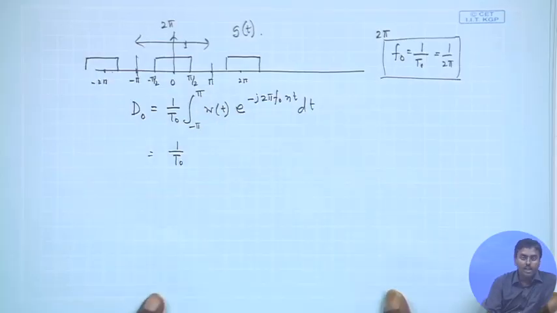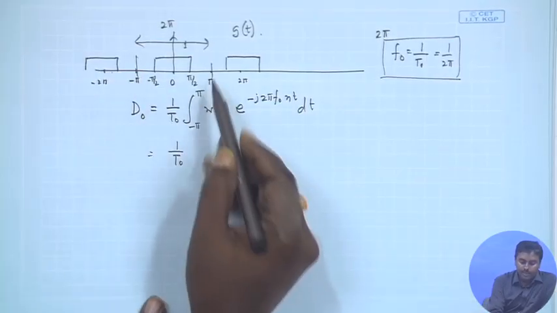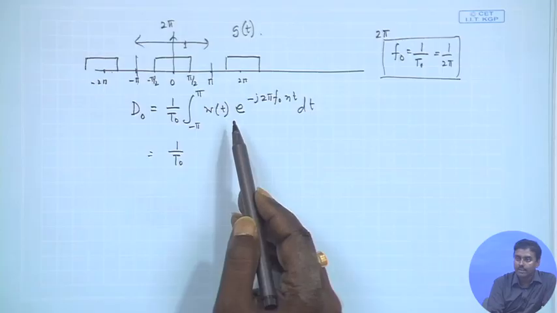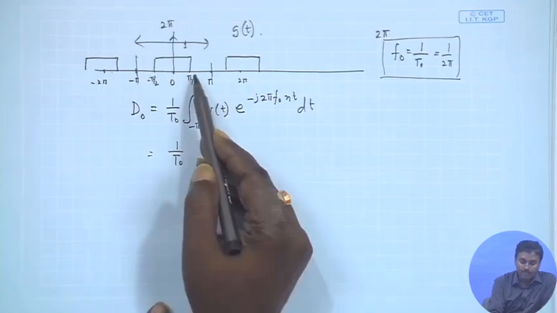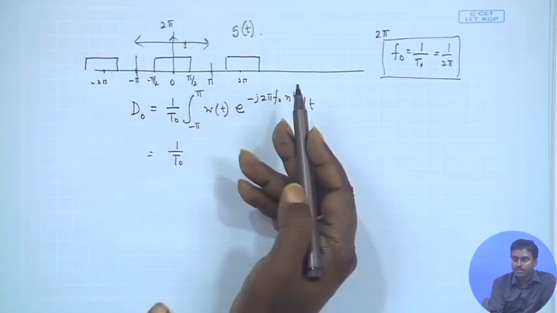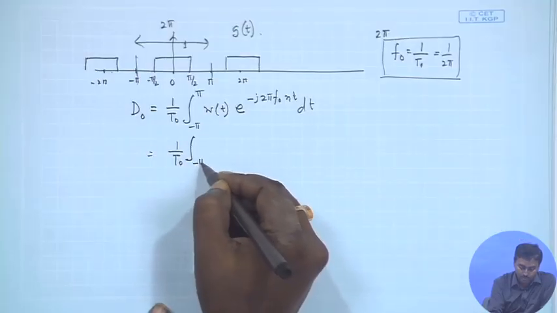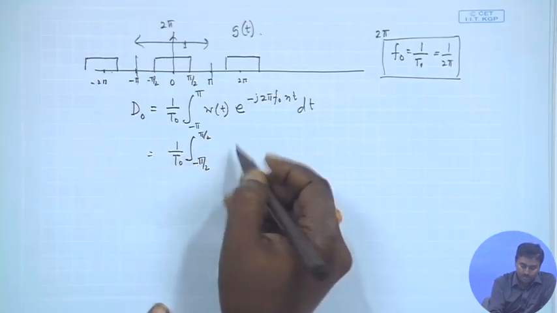So if you evaluate this integration, what do we get? From minus pi to minus pi by 2, it's 0. Whatever happens, the integration in that period will be 0, and from pi by 2 to pi, it's 0. So it is only defined between minus pi by 2 to plus pi by 2, and the value is 1.